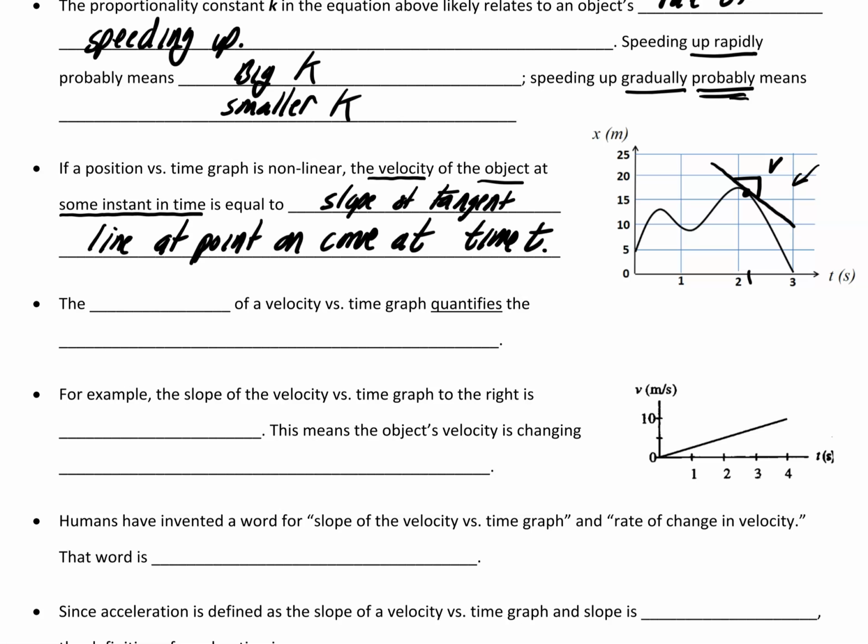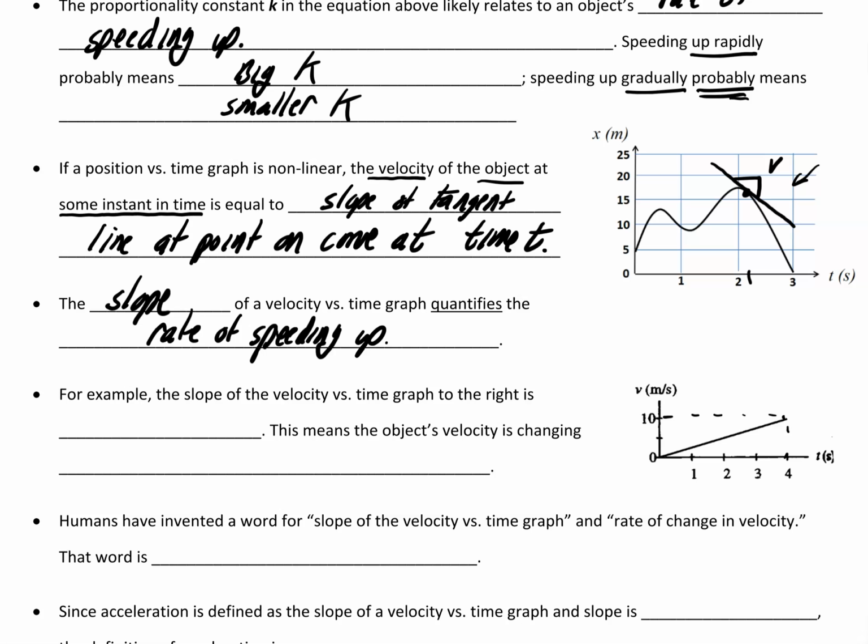The slope of a velocity versus time graph quantifies the rate of speeding up. For example, in the graph here to the right, let's look at the slope. The slope is rise over run.